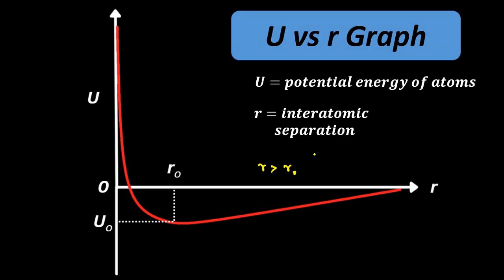And here is the minimum potential energy position, which is the stable equilibrium position. It is negative and the minimum potential energy position. Once the interatomic separation is lesser than R0, the potential energy increases very suddenly and sharply. It becomes positive.